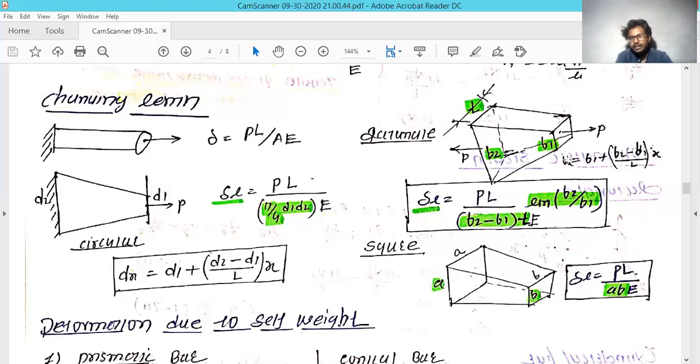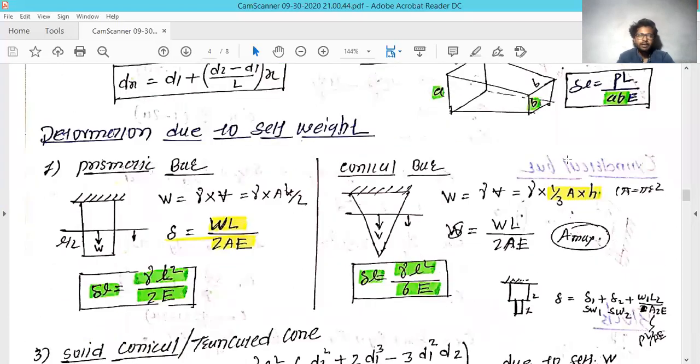If you apply forces at both ends of this rod, the change in dimension in that direction is PL divided by AE, and here the area turns out to be A into B. You have to remember that the only thing changed here is the area of that cross section, and nothing else. This is how the cross section gets deformed, and with that formula you can find the deformation in that section.